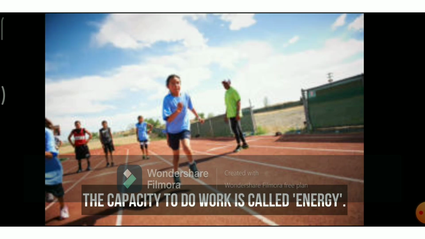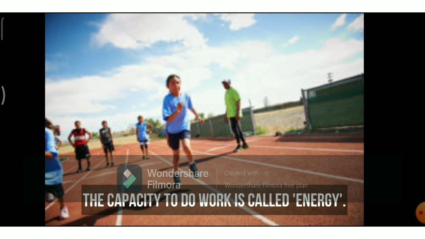Now, this work that is done requires energy, and energy is different in each and every person. So the person who finishes first, we say his capacity to do that work is different from the person who reaches second or third, or the person who was not able to complete the race.